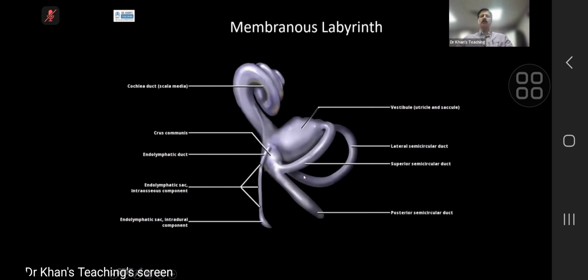And inside is a fluid containing structure which is known as the membranous labyrinth. Some of the names are common, for example, cochlea and vestibule. So there will be a bony labyrinth or an exoskeleton and an internal skeleton which has got fluid. The fluid will be well seen on MR and the bony component will be well seen on CT scan.